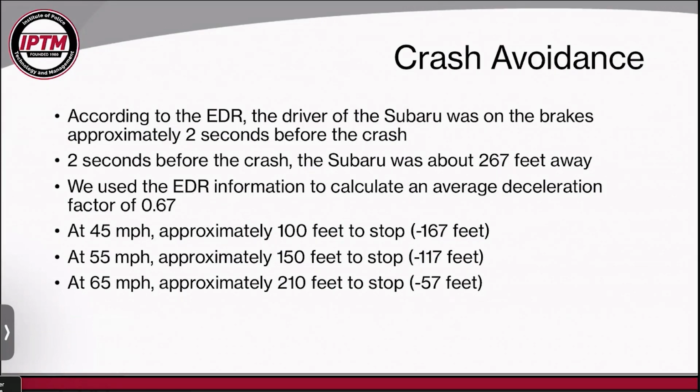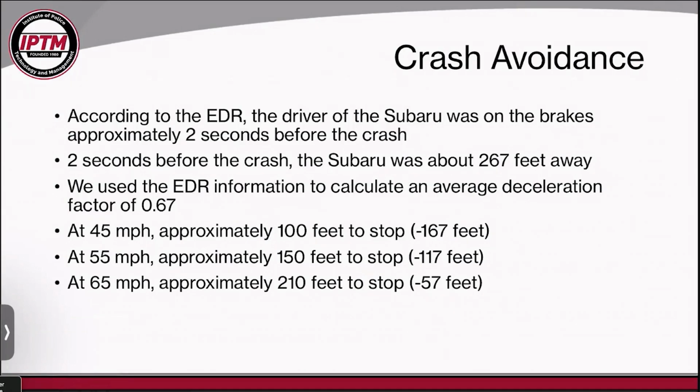Again, we're trying to keep things as static as we can, because the more variables we change, the further away we get from what actually happened. So looking at the scenario of 2 seconds before impact at the speed limit, could he have stopped in time to avoid the crash? We see here that at about 2 seconds, the Subaru was approximately 267 feet away.